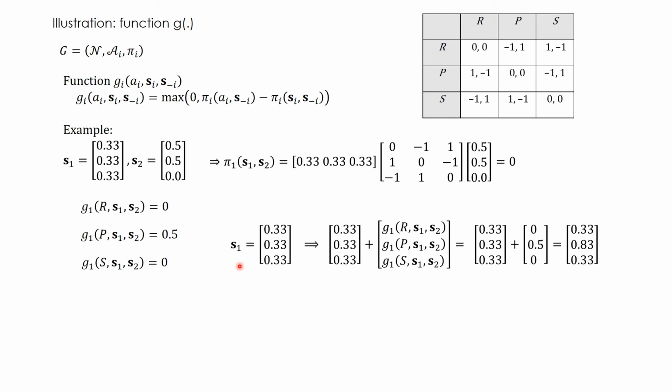So let's see. This is our S1. To this S1, we add the three G1s: G1 for rock, G1 for paper, and G1 for scissors, which is 0, 0.5, 0, and we get this. Maybe moving S1 to this will yield a higher payoff, because as you can see, paper gives you a higher payoff. Unfortunately, this is not normalized.